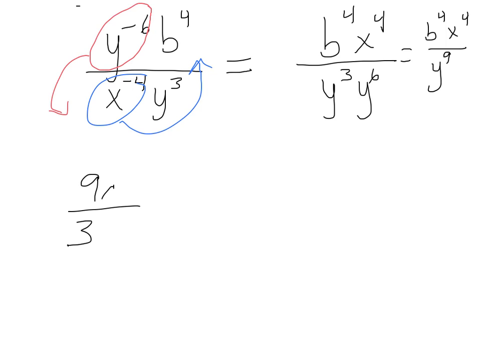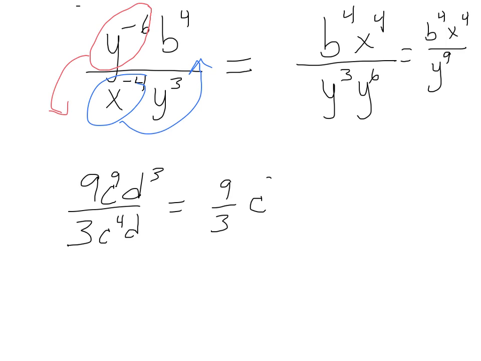Here's another example. You have 9c to the 9th, d to the 3rd, and you have 3c to the 4th, d. Alright, if we needed to simplify this fraction, there's a couple of ways you can go about it. You can say, well, you've got 9 divided by 3, and then you've got c.